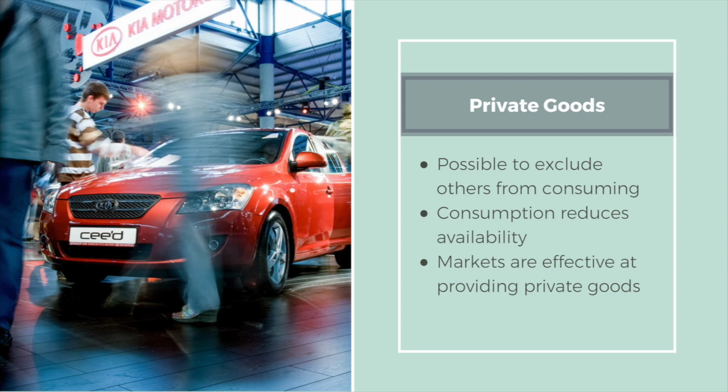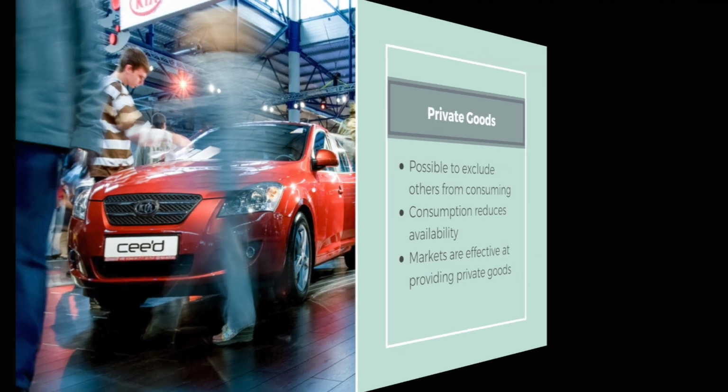Markets are an effective way of providing private goods, because competition between businesses creates incentives to produce the best products for the lowest prices possible. Take car companies, for example. A century ago, cars were something that very few people in the United States could afford. Over the years, though, manufacturers found ways to make cars more and more cheaply, while also improving their efficiency and quality. This is a good example of competition in action.